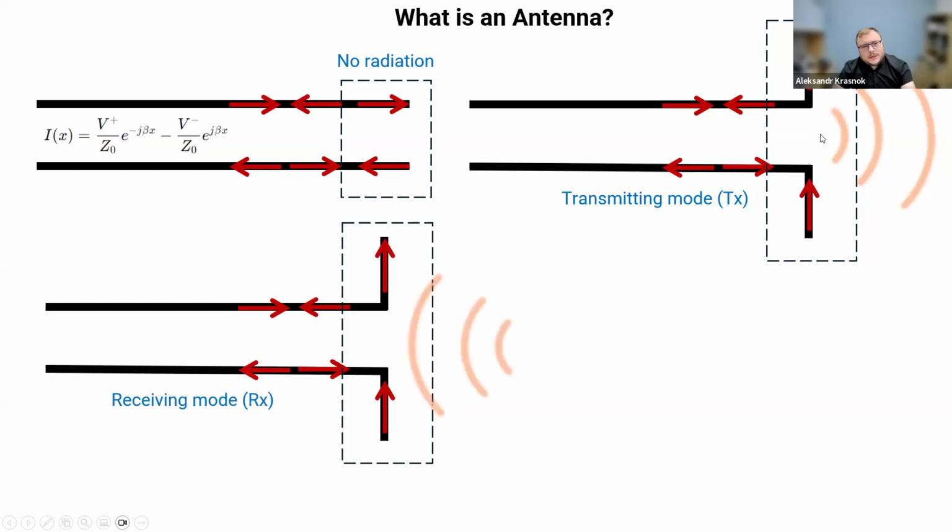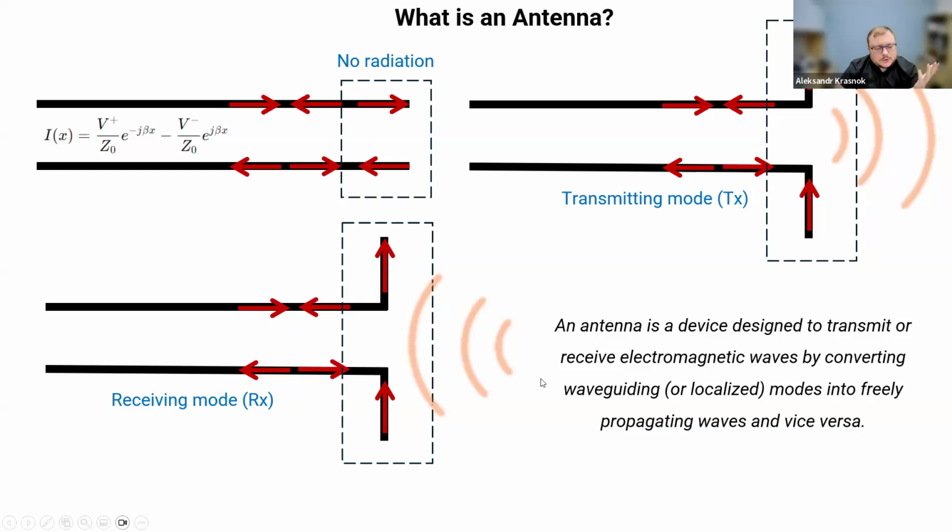Not only radiation, an antenna can be used to transform a freely propagating field to the transmission line waveguiding modes, like demonstrated here. Depending on this operation mode, we call the first type the transmitting antenna, and the second type the receiving antenna.